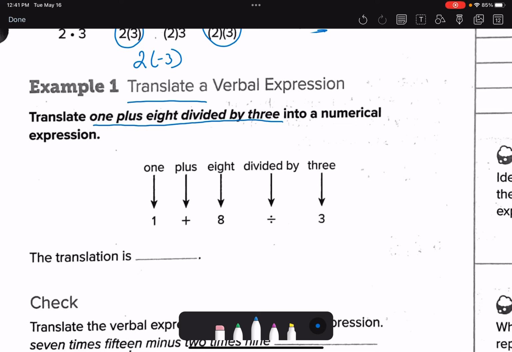Plus is shown with the addition sign, 8, and then divided by means that whatever is after the divided by comes after the division sign. So to put it all together, the translation is 1 plus 8 divided by 3. Now, right now, there's no type of wording to indicate parentheses or anything. So when that's the case, you just write it straight across, left to right.